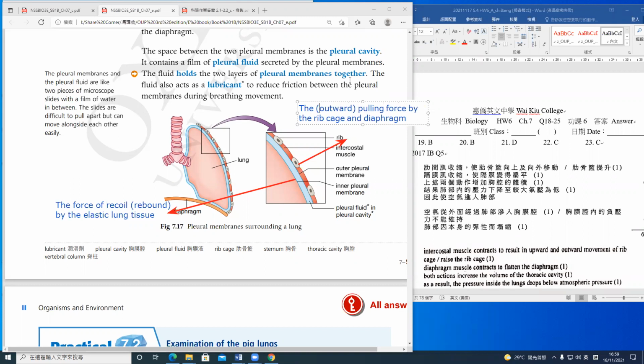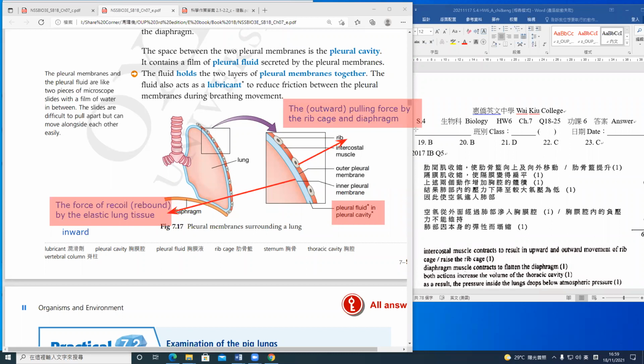Therefore, in your pleural cavity, it always experiences two forces. First of all, the inward force. Another one, the outward pulling force. So these two forces oppose each other.